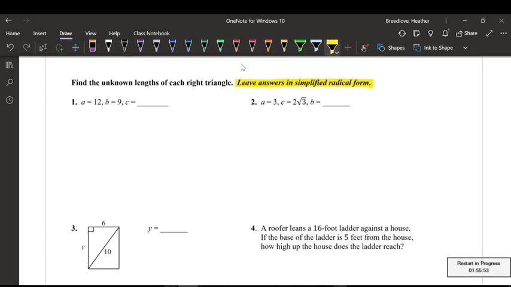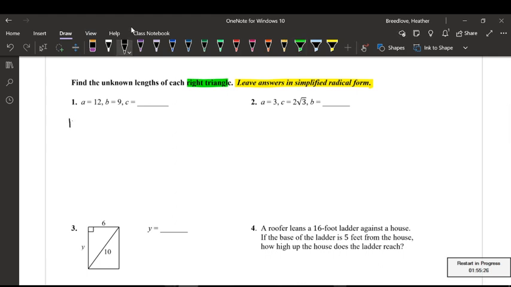We have an a, we have a b, and we are told, and it's very important, that these are right triangles. If these are just two values and we want the third value, we can't use the Pythagorean theorem. That is only for right triangles. So we're told these are two sides of a right triangle, the legs, a and b. Find the other one and leave it in simplest radical form.